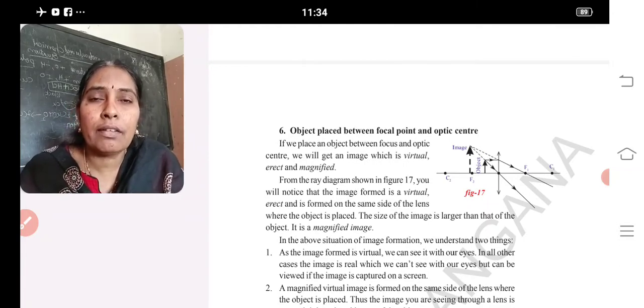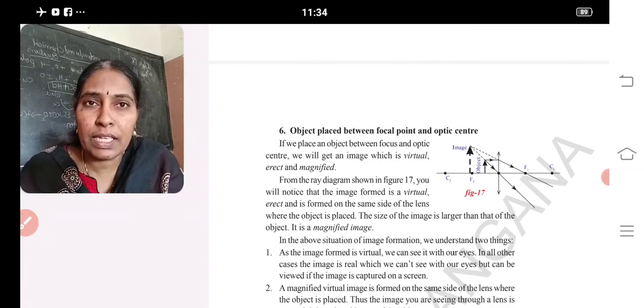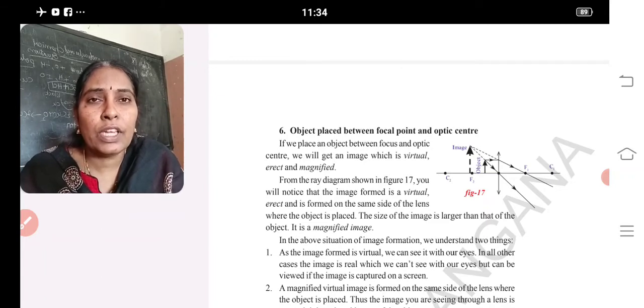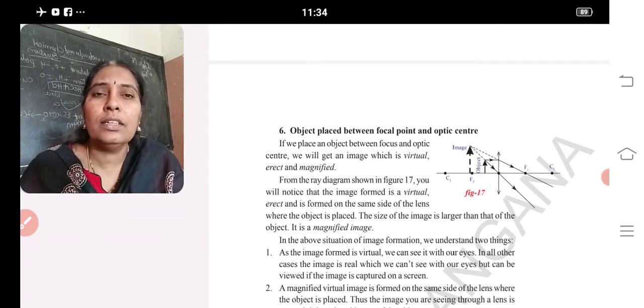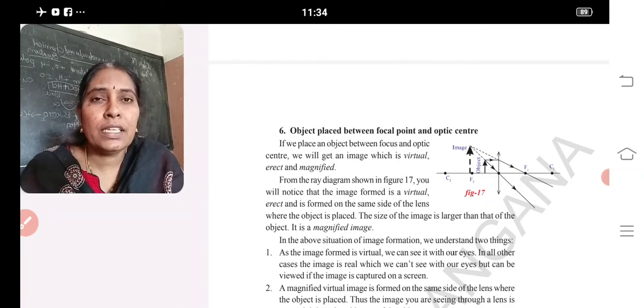Most important ray diagrams. When the object is placed between P and F, where will you get the image? Beyond, inside the mirror. On F, infinity, and between F and C, beyond C. Beyond C, between F and C, and on C, the image is also on C, and the same size.